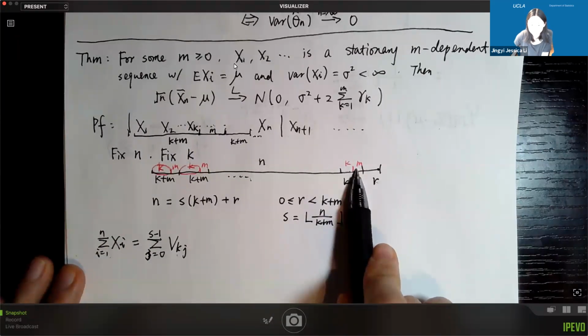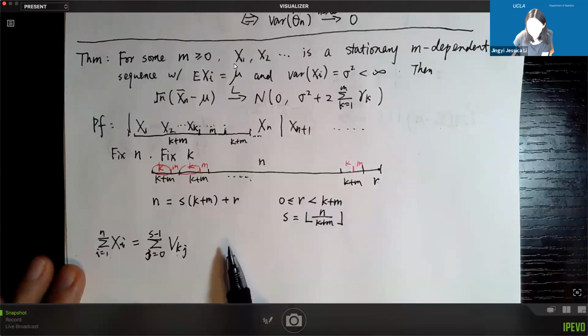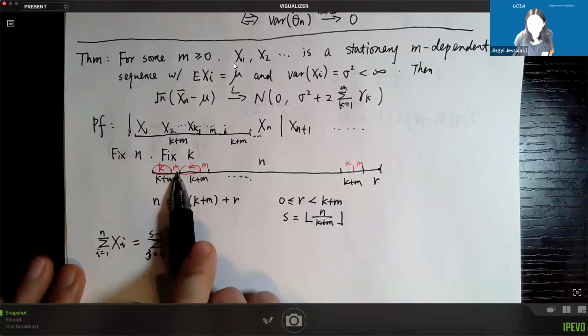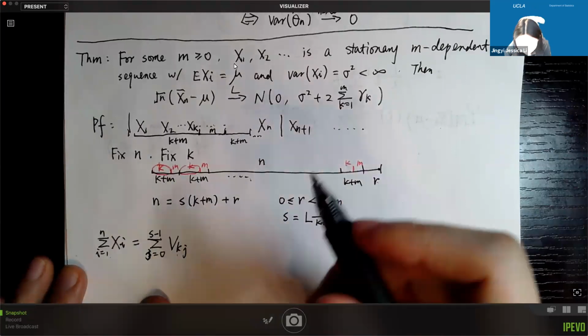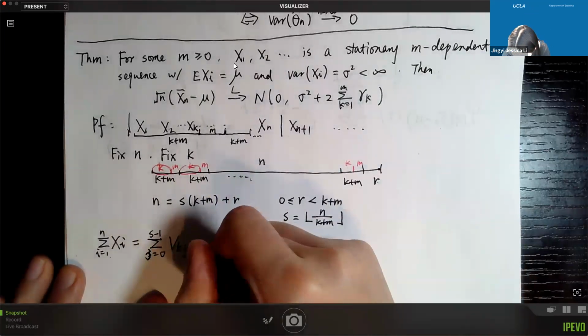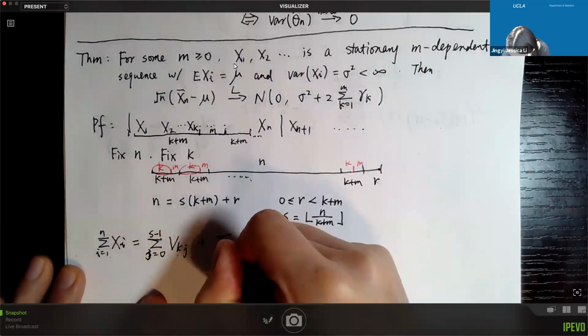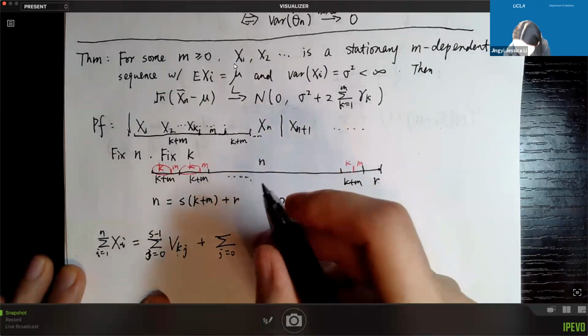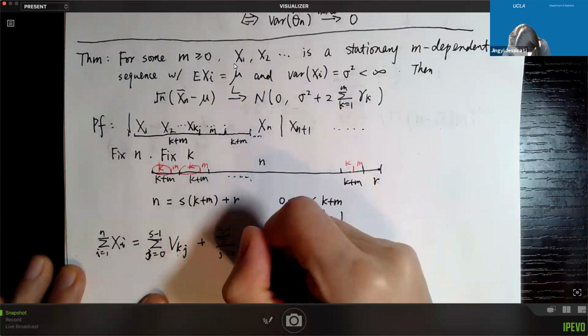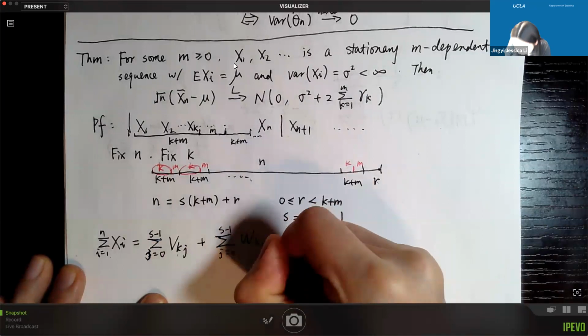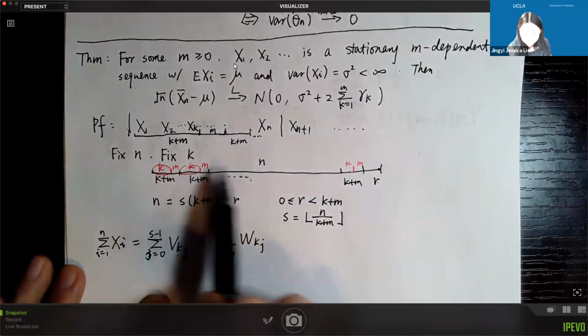That's the first part. The second part is regarding the m segments' partial sums. So I can write this as, again, the sum over j from 0 to s minus 1 of w_kj. That's regarding those partial sums.